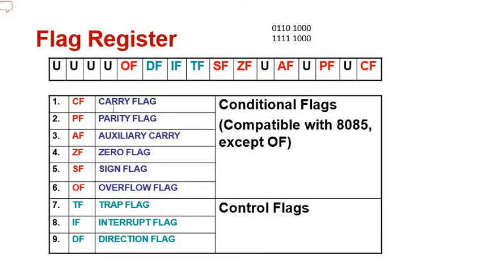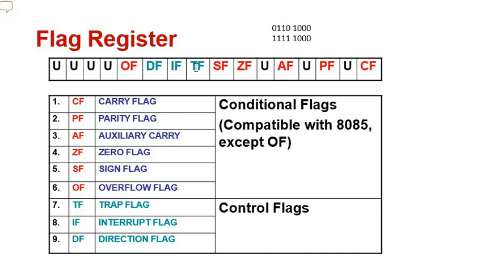And there are 3 control flags: trap flag, interrupt flag, and direction flag. The trap flag is a single step mode operation. For minimum mode operation it can be used. The microprocessor 8086 can perform under two configurations: minimum mode configuration and maximum mode configuration.